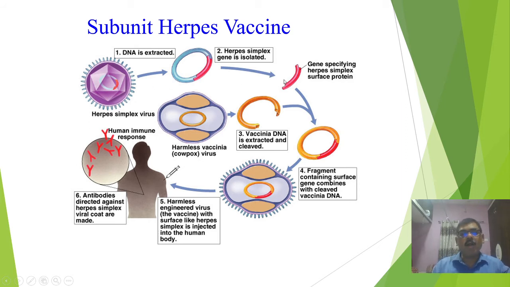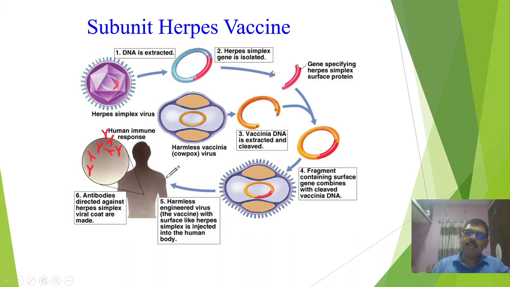So simply, you have isolated the desired gene expressing this surface protein, and you have cloned it into the vector DNA to make the recombinant DNA molecule. The entire genome of herpes simplex is isolated.